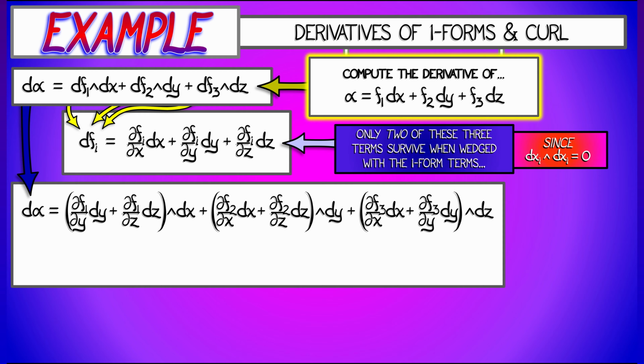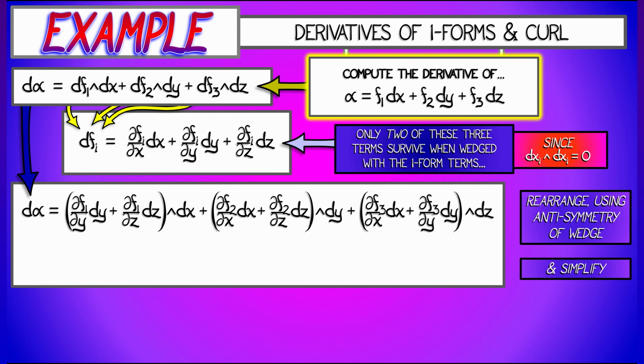It is complicated, but based on what we know about the wedge product, we can do a little bit of rearrangement and simplification. Remember the anti-commutativity. When we switch the order, we get a minus sign. Now, you may want to take a little bit of scratch paper and go off and verify that what we get after rearrangement is partial f3 partial y minus partial f2 partial z times dy wedge dz.